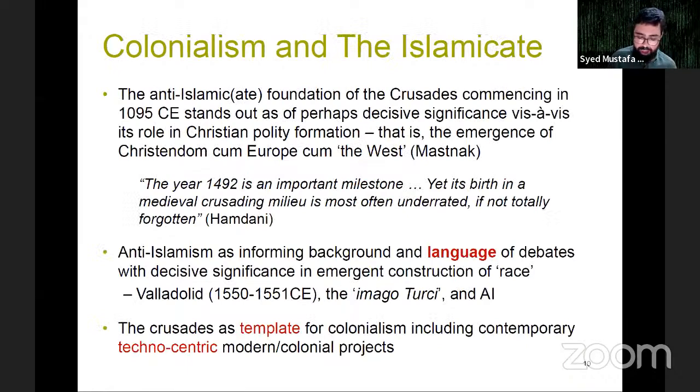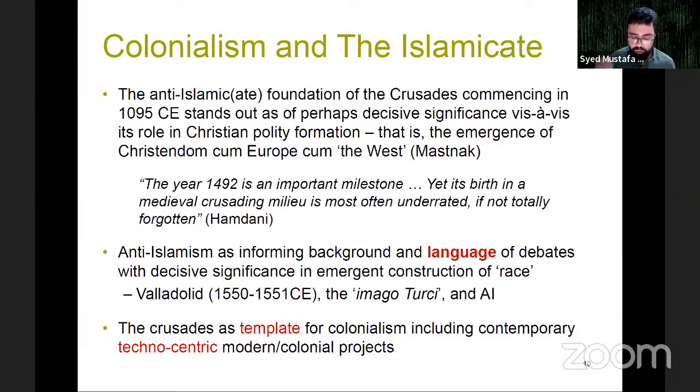In this connection, and in terms of the contribution of antecedent historical phenomena that informed the colonial enterprise, and whose structuring logics were embedded in the constitution of the modern colonial world system, building on the work of Slovenian historian Tomaž Mastnak and others, I maintain that the anti-Islamicate foundation of the Crusades, commencing in 1095 of the Common Era, stands out as of perhaps decisive significance vis-a-vis its role in Christian polity formation, that is, the emergence of Christendom, cum Europe, cum the West.